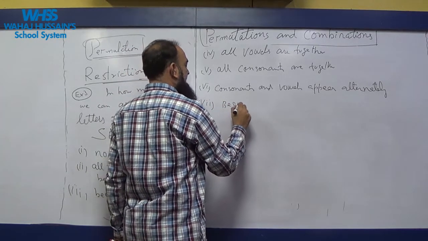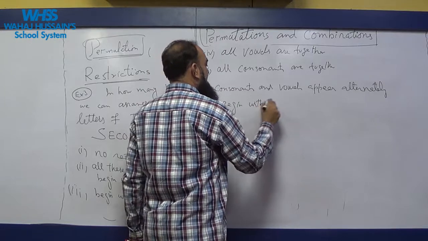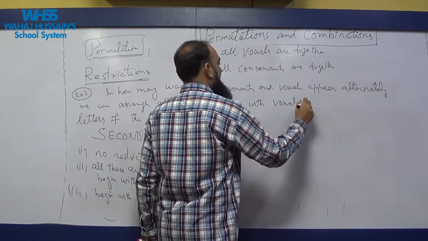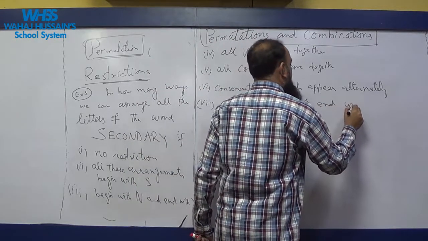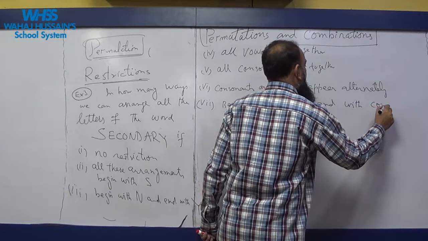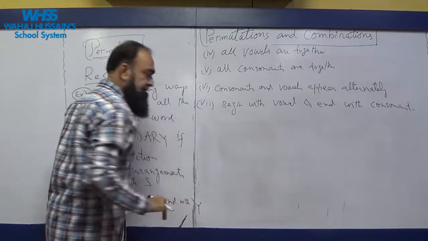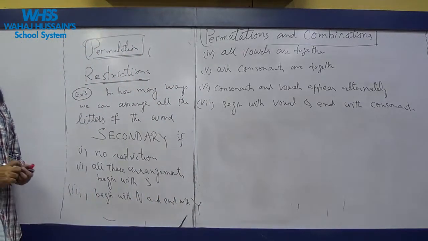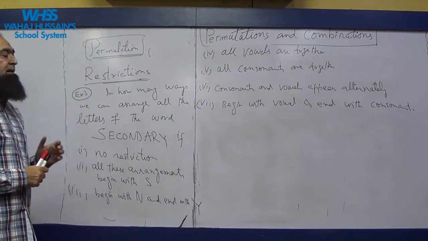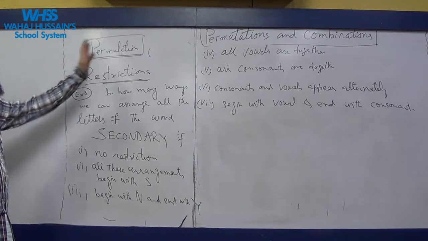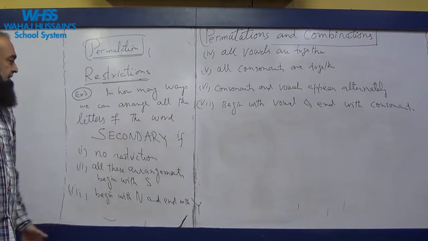Begin with vowel and end with consonant. So these are the restrictions, and with one example, this is a very important example, and it can cover all types of questions regarding restrictions on permutation.